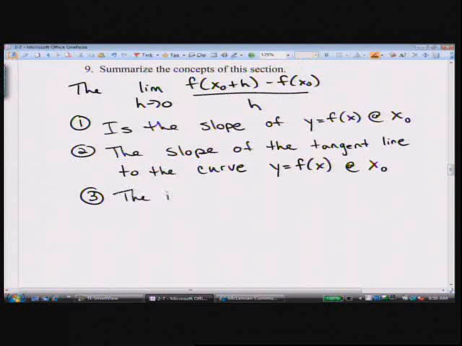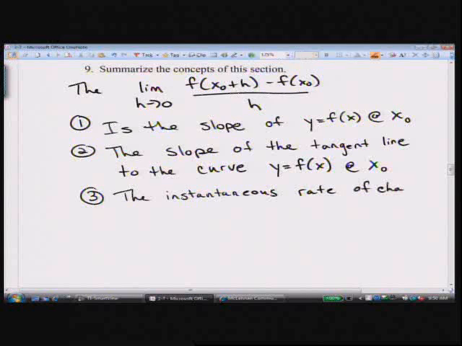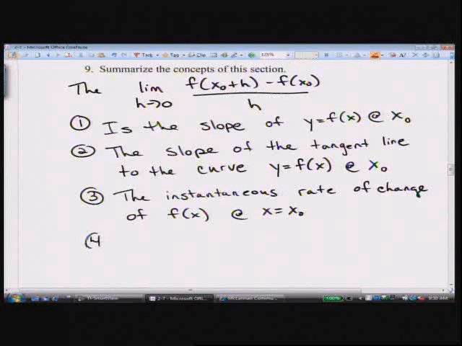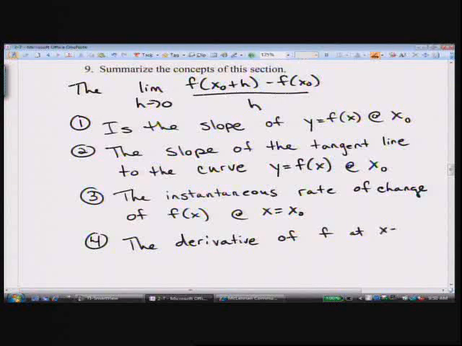It is the instantaneous rate of change of f of x at x equals x naught. And it is the derivative of f at x equals x naught.